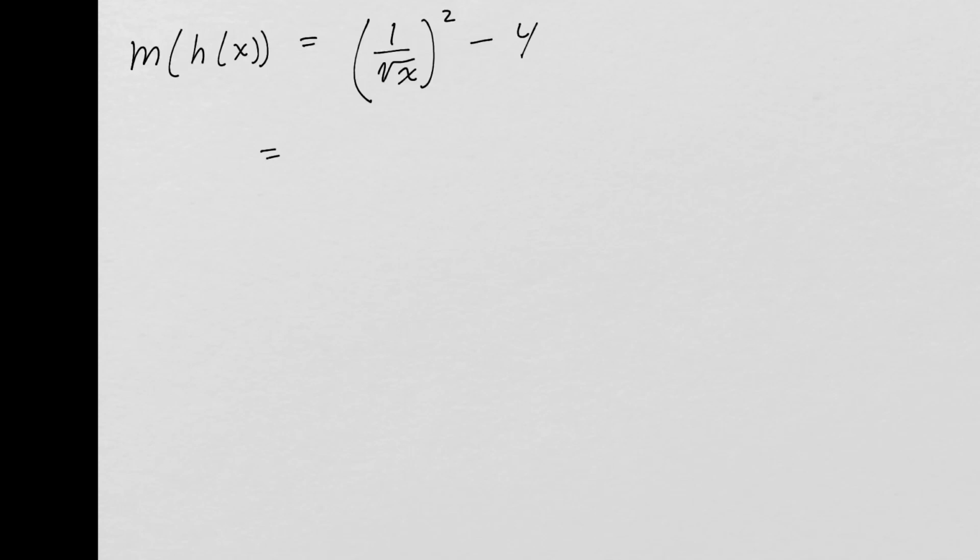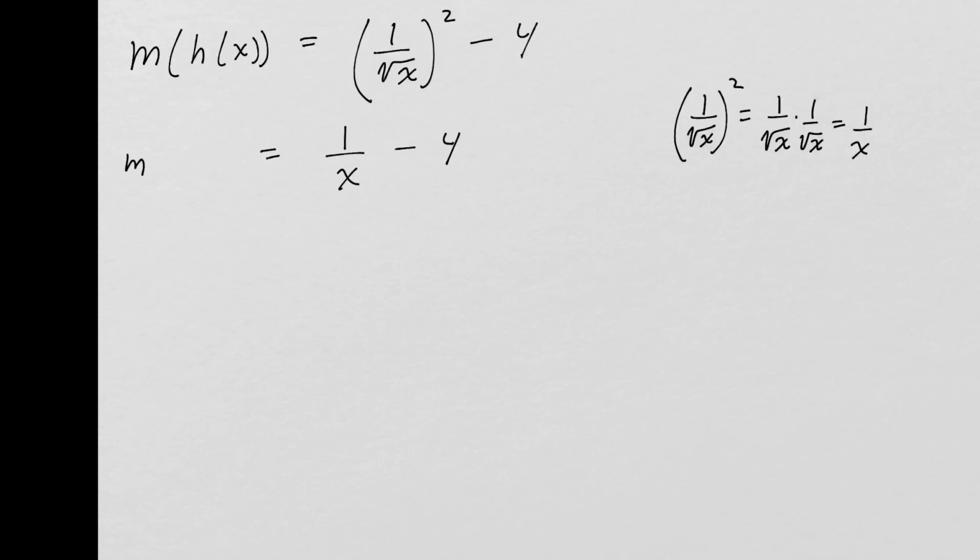Okay, now, of course, if we square that, think of this as meaning 1 over square root of x times itself, which is equal to 1 over x. So this is 1 over x minus 4.